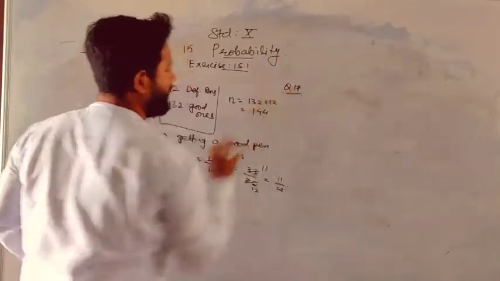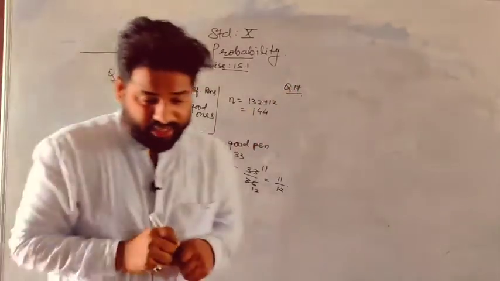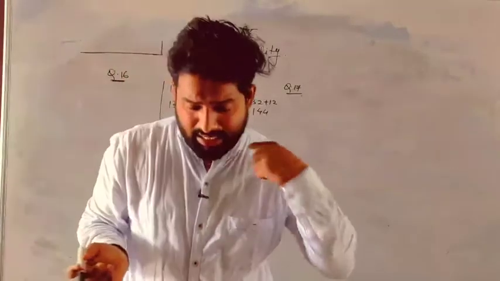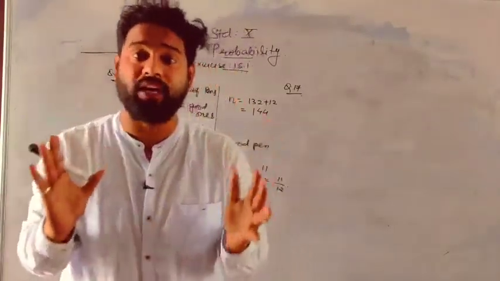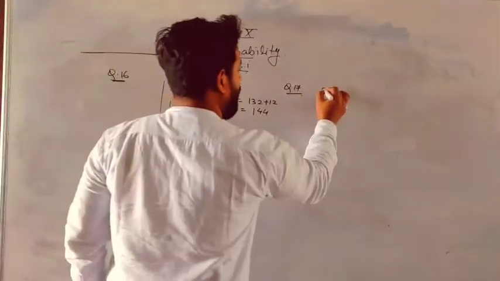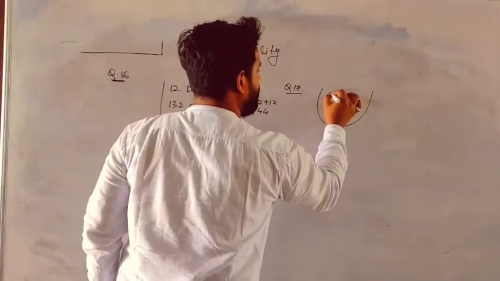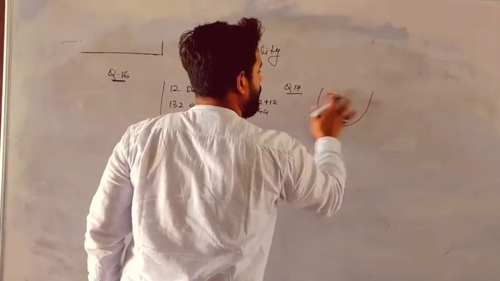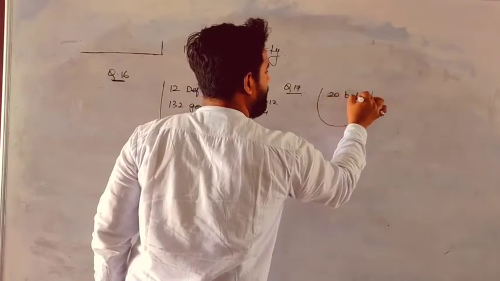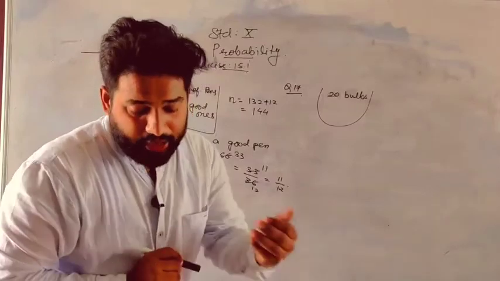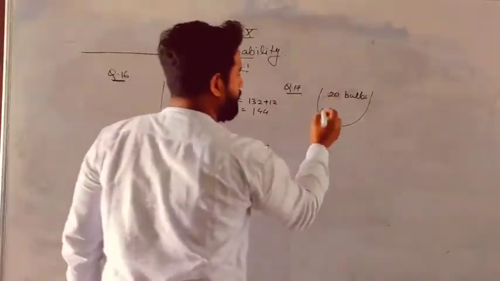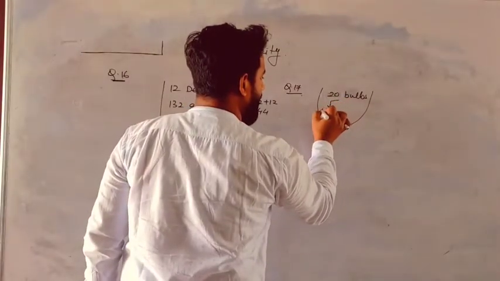Now what does question number 17 tell you? Same kind of sum. A lot of 20 bulbs. A lot of 20 bulbs means 20 bulbs are already there. A lot of 20 bulbs contains 4 defective ones. Out of the 20 bulbs, 4 are defective.